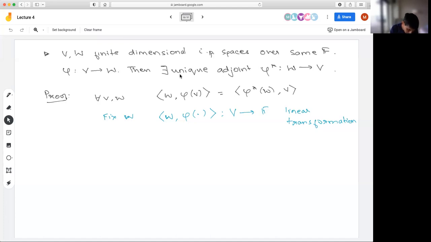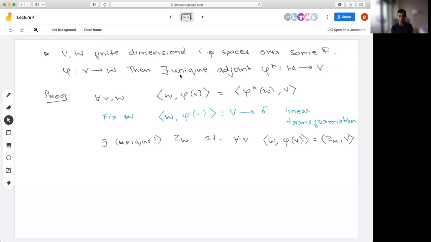But now, because it's a linear transformation, we know that there exists a unique Z, which can depend on W, because this linear transformation depends on W, such that for all V, the inner product of W with phi of V can be written as the inner product of ZW with V. So it's in the right form.